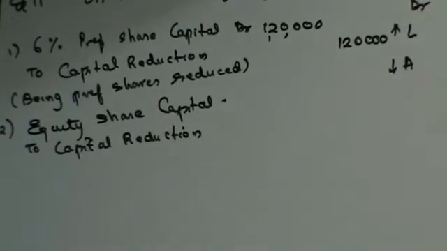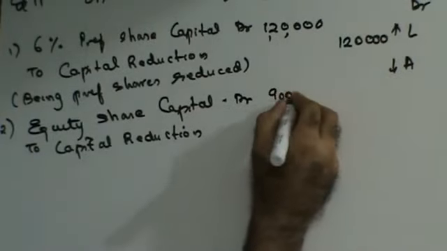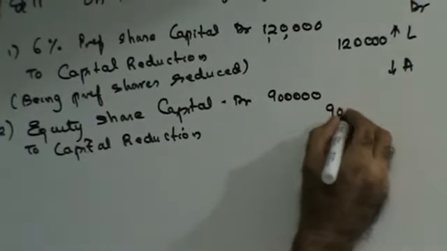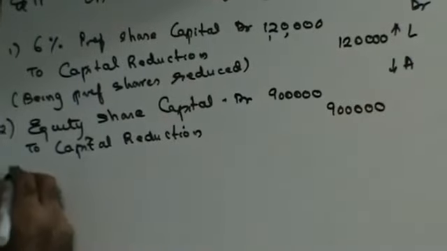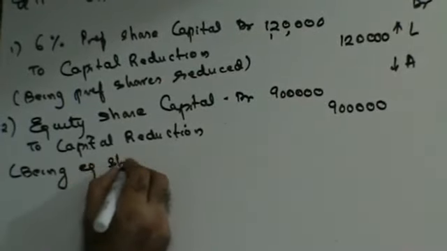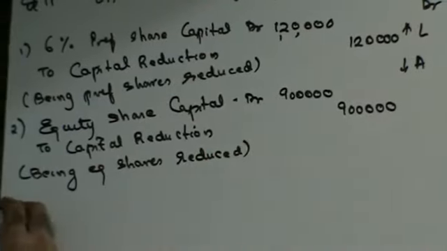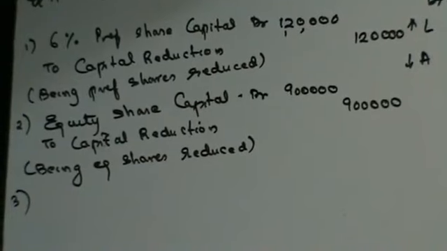Now this is 75 paisa on how many shares? On 12 lakh shares, calculate, 9 lakhs. Being equity shares reduced. Next, let's move on ahead.